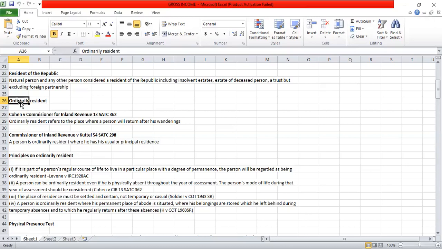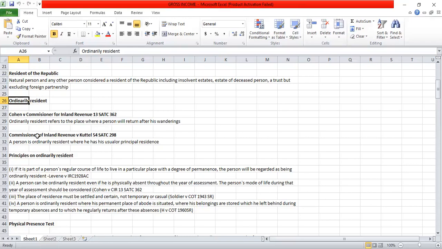So the question was, can he be liable for tax here in South Africa? That's when the court decided that where you return after your wandering, that's your home. So you will still be ordinarily resident.